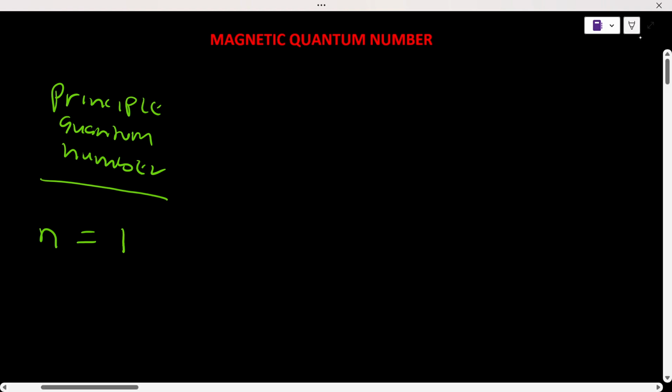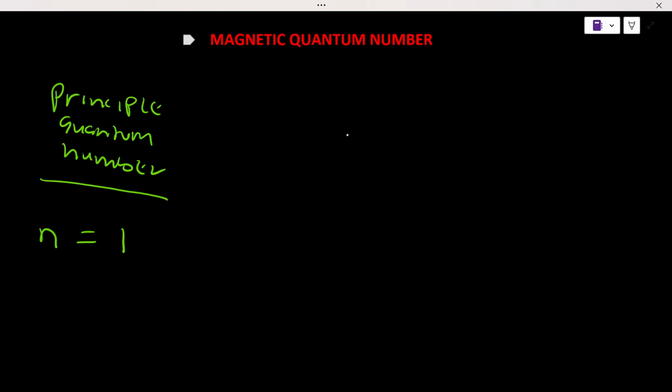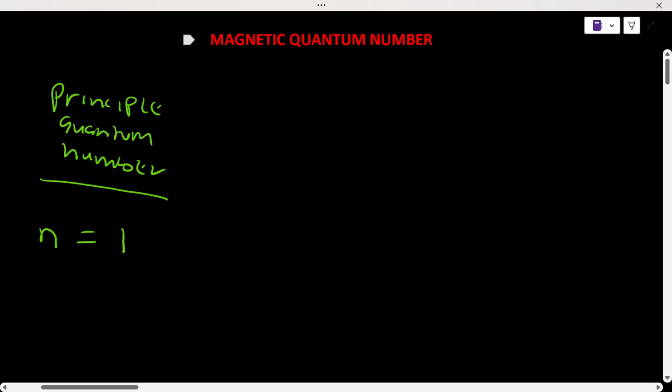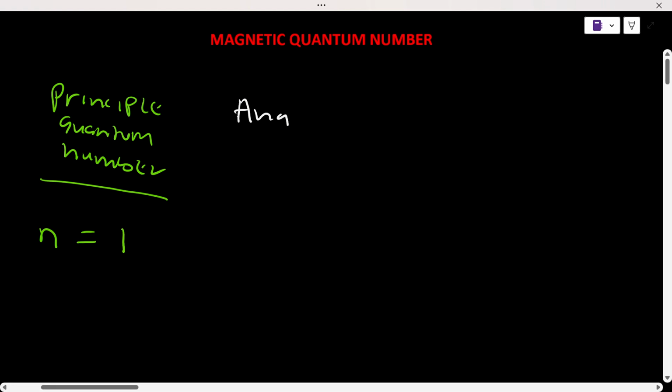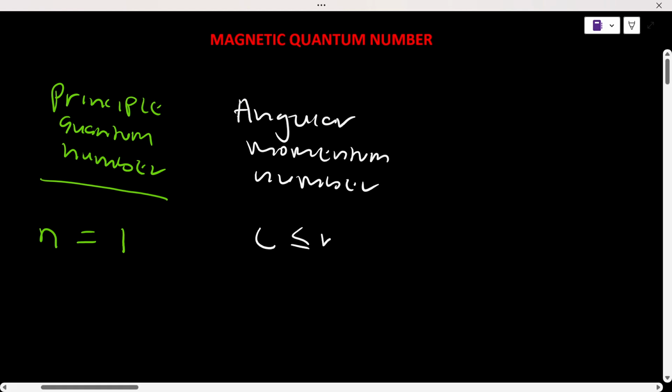But when that happens, the next thing we should know is that when principal quantum number is equal to 1, angular momentum number is going to be L less than or equal to n minus 1.